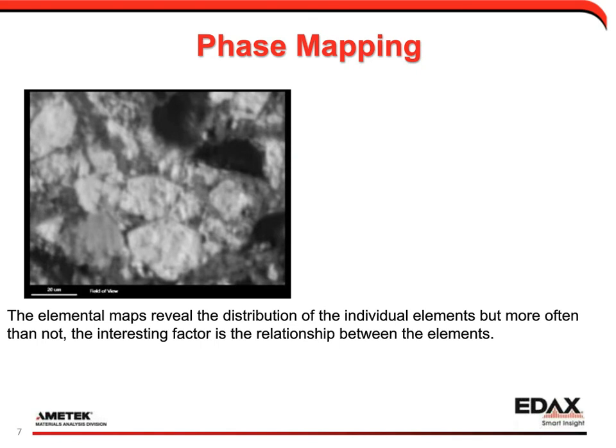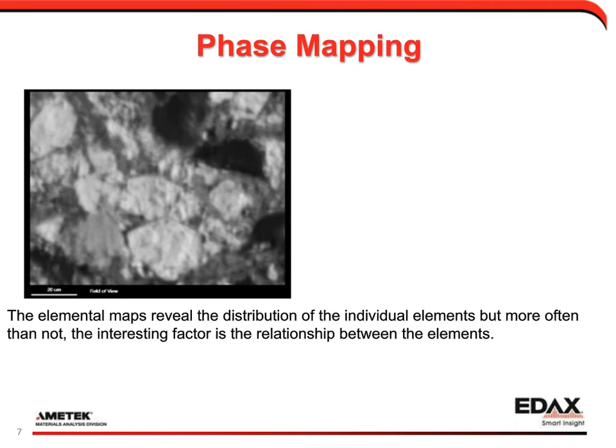So our elemental maps show us how the individual elements are distributed. But often we're not necessarily interested in the distribution of any one element. What we most of the time want to know is what's the relationship between the elements.